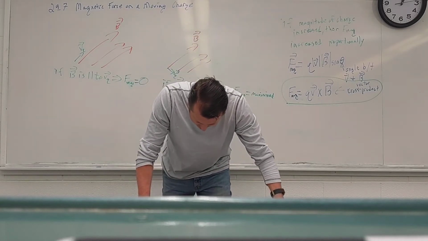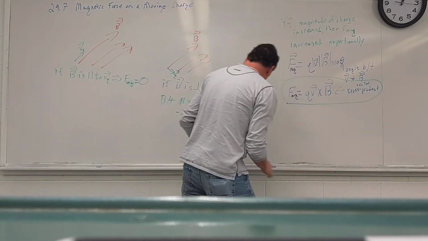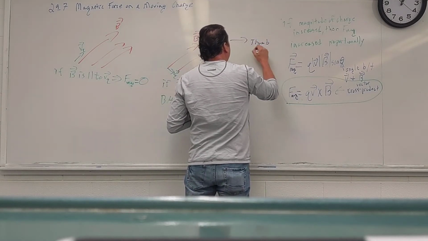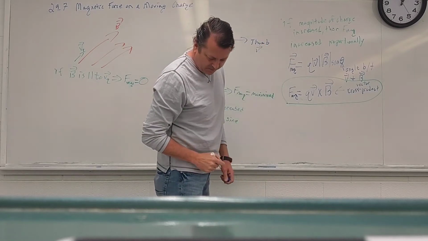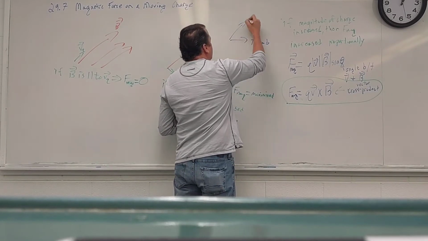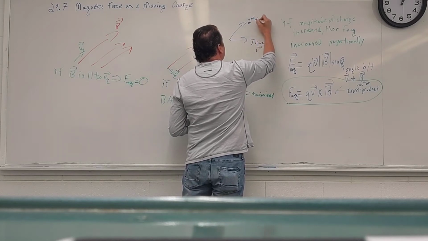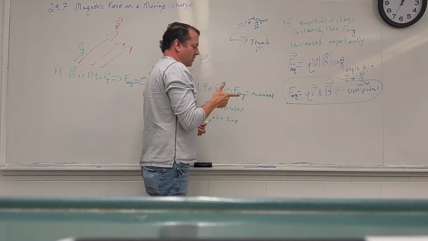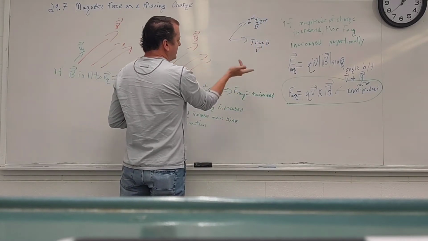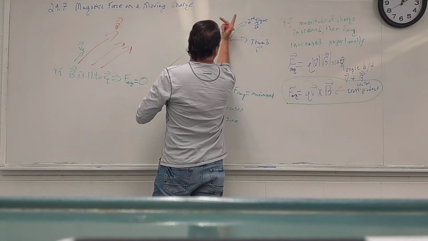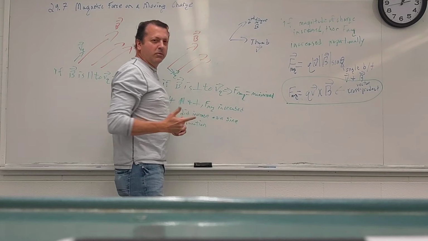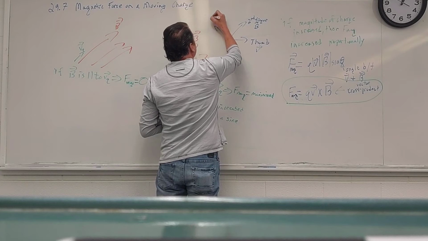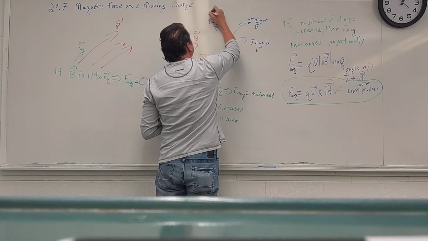What you got to look at it as is you use your thumb as the velocity vector. Your second finger is the magnetic field. So if the thumb is this way and the magnetic field is this way, then your middle finger is the magnetic force.